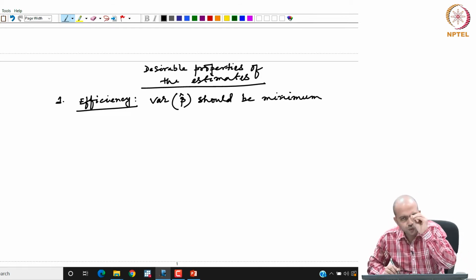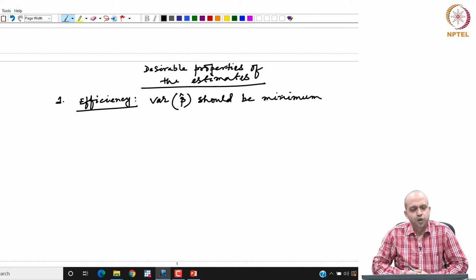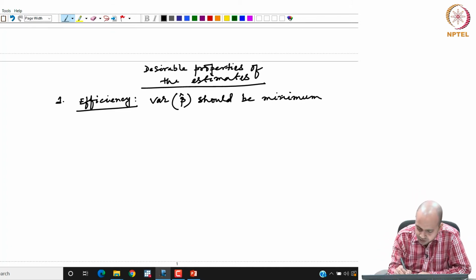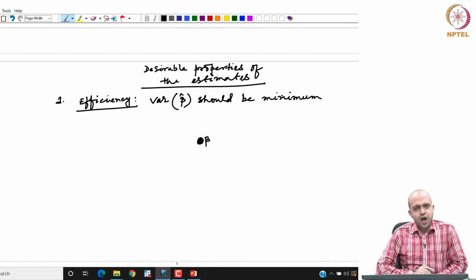Now, I will give you one example that will make your understanding of efficiency very clear. Let us say this is your true population parameter, which is beta, and I am giving an example.